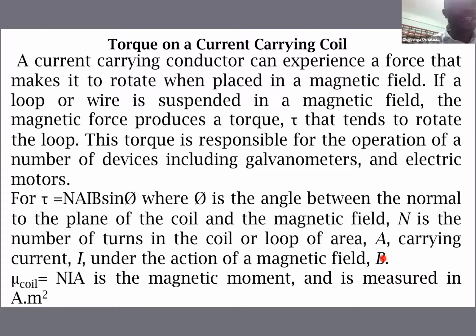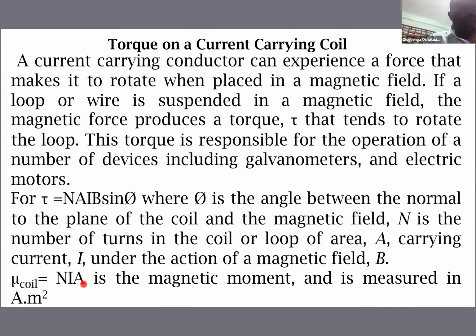So there is also what we call the magnetic moment of the coil, mu coil, which is a product of N, A, and I. That is the number of turns, the current flow, and the area.